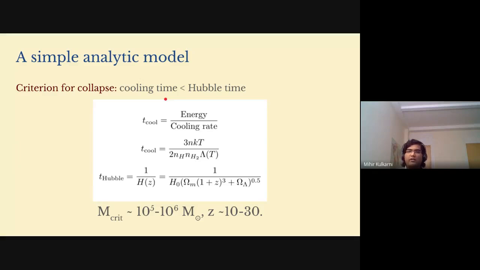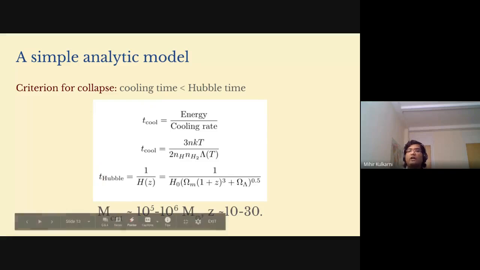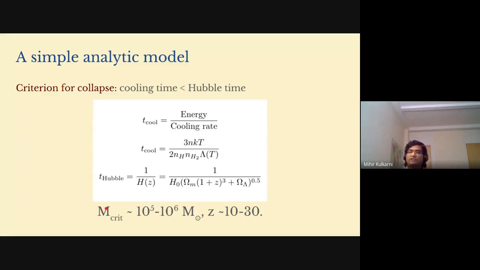And we can make some simple models for, for example, how the gas density changes as a function of virial mass of the dark matter halo. As I mentioned, we can assume the gas temperature to be equivalent to the virial temperature of the dark matter halo, and so on. And using that, we can define what is called the critical mass. That is the minimum halo mass that is needed by dark matter halos to form first stars.